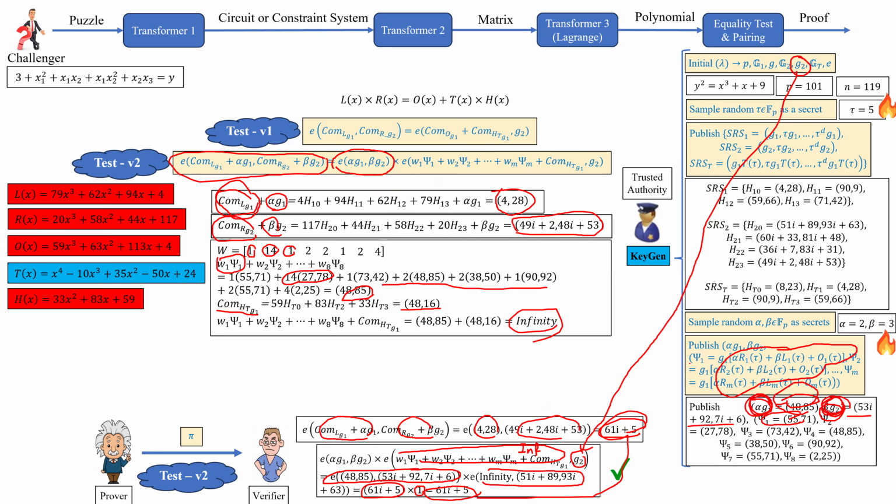That's the reason we are now convinced that the prover knows a knowledge that was really computed by following that specific circuit, not any other circuit, but with the same number of gates, right? So test number 2 is now addressing the concern of soundness, and this is good.